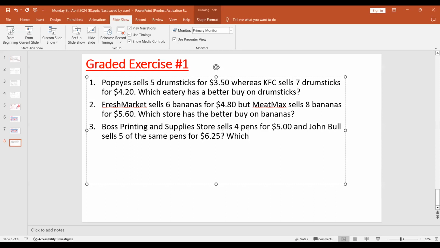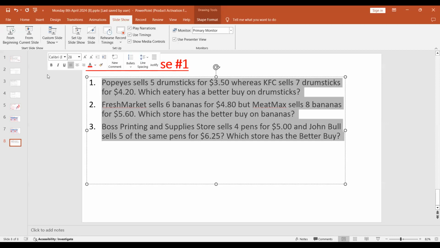Which store has the better buy? I'm only going to give you all 3, just these 3. Go ahead and do them for me, please.